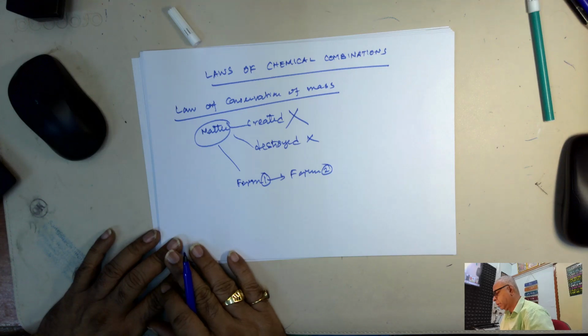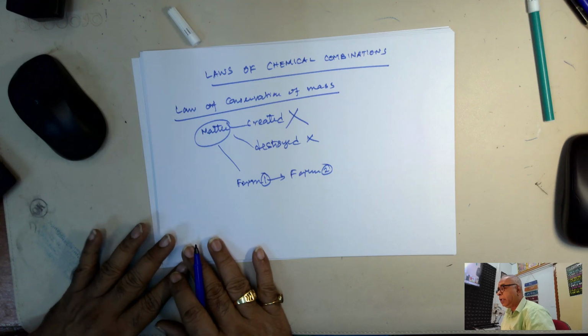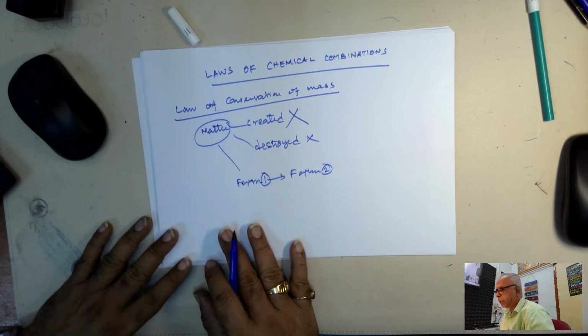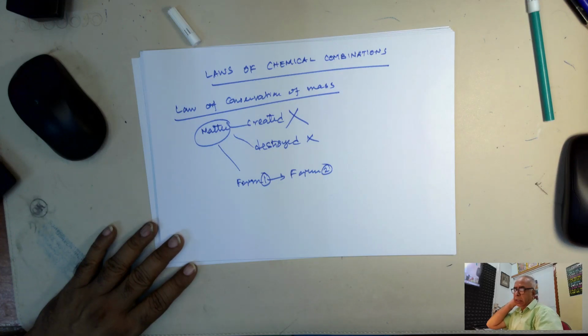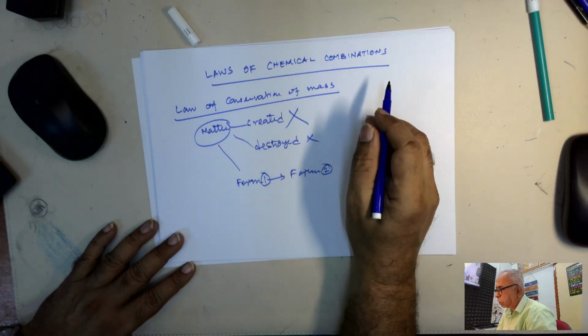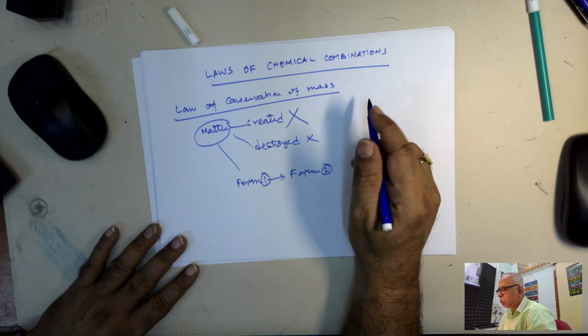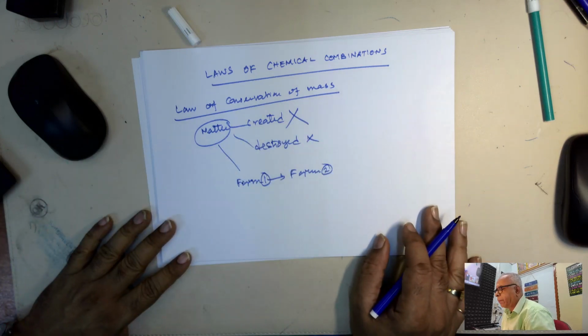Conversion is possible. It means matter is convertible, but matter is indestructible. It cannot be created, right? Now, this law is also called the law of indestructibility. Destruction means destroying completely, so indestructibility means it cannot be destroyed.